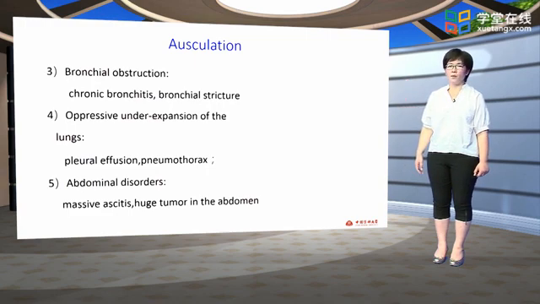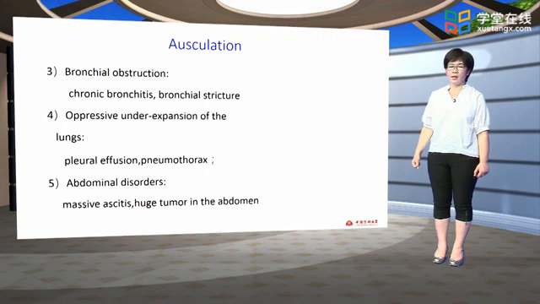The fourth one is oppressive under-expansion of the lungs. If they have pleural effusions or pneumothorax, the lung cannot expand so much. So when you do the auscultation, they have decreased sound.